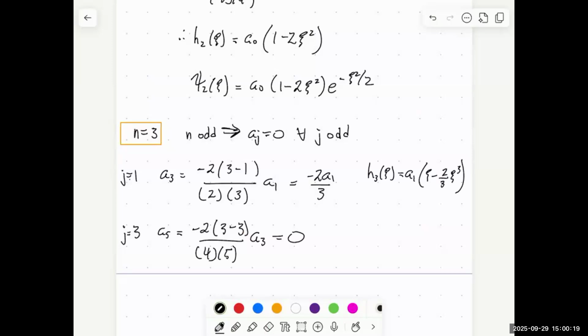And so that means the third stationary state is going to be a1 (z minus 2/3 z cubed). So that's our h, and then we just have to multiply by our exponential. There it is. And so here you can see the odd powers of z or x are emerging. If we did n equals 5, we'd get a z to the 5th term in there.